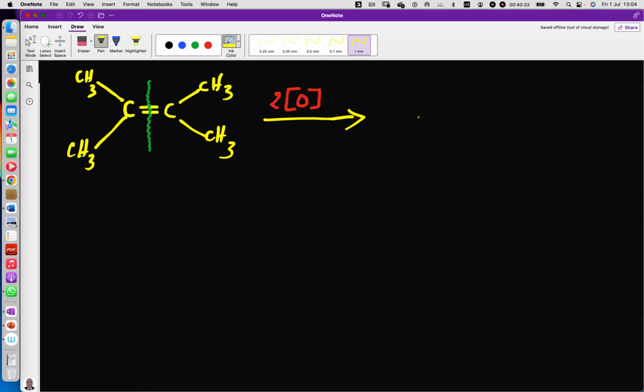These are the products that you are going to see. CH3. It breaks the double bond into two equal parts, and this is what you are going to have, plus this other one.